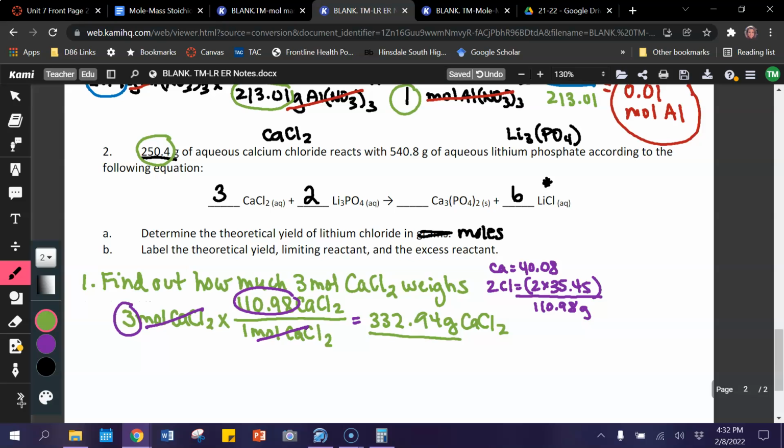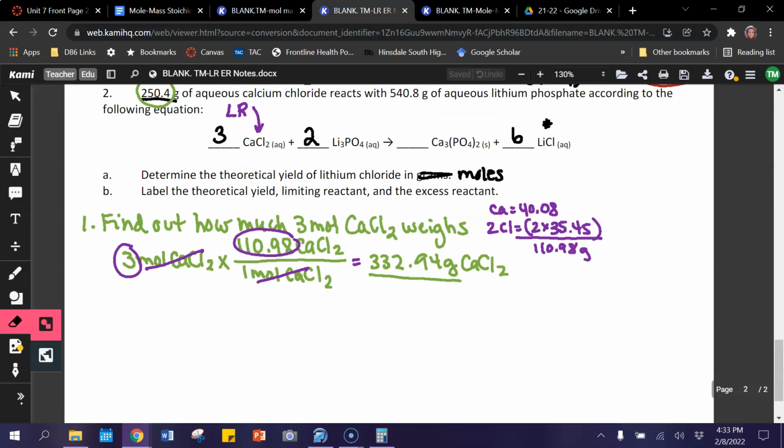Therefore, calcium chloride is my limiting reactant here. It's going to hinder the amount of product, the amount of lithium chloride, that I can produce. So great, we found our limiting reactant.